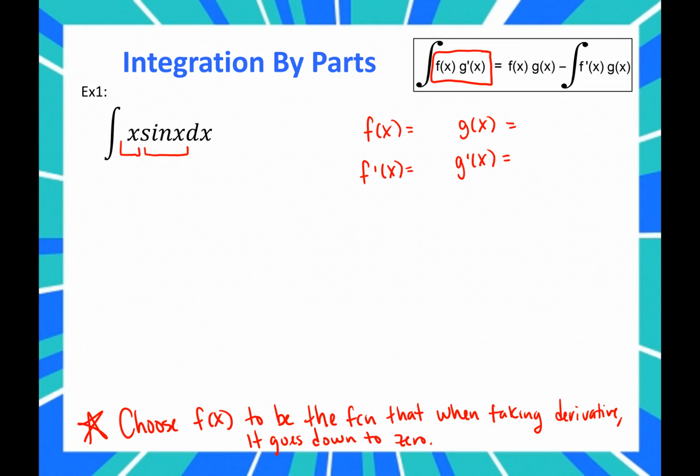And if you need another hint, you should choose the g prime of x to be a function that is easy to integrate.